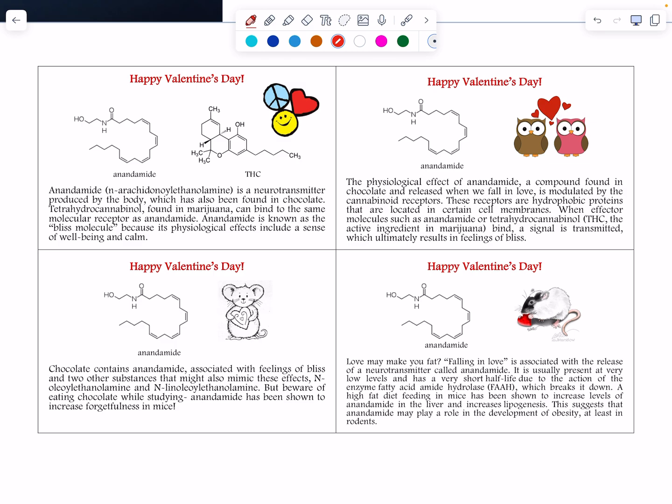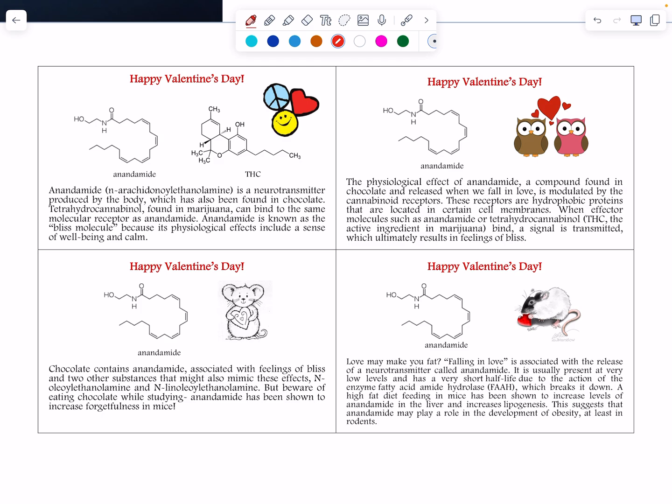Okay. All right. So before we start talking about light and energy, I just thought I'd give you a little Valentine's Day chemistry. We have several different chemicals here, and what they have to do with Valentine's Day.